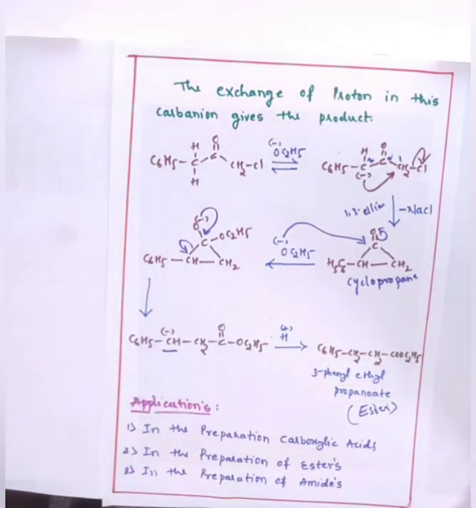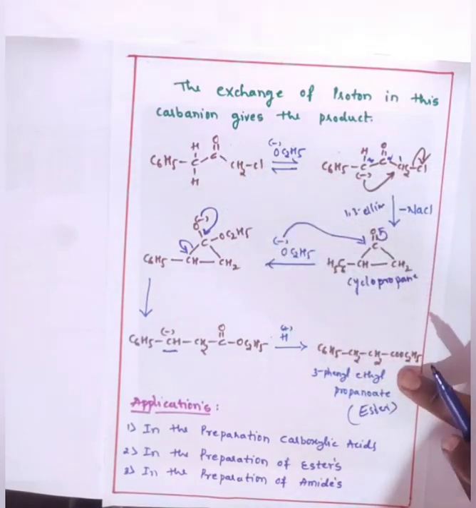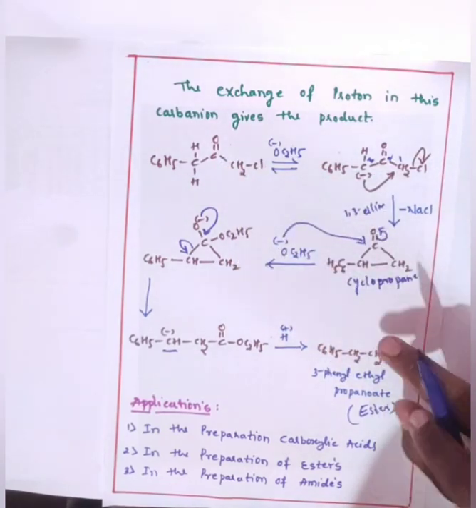So the Favorskii rearrangement reaction is nothing but the rearrangement of alpha haloketones into an ester in the presence of an alkoxide reagent. Here the alkoxide acts as a reagent, because it helps to convert the reactant into a product with a change in its chemical nature.